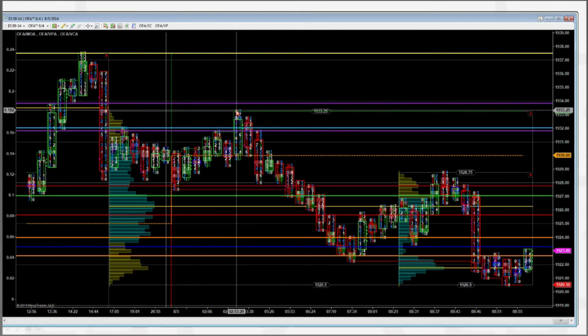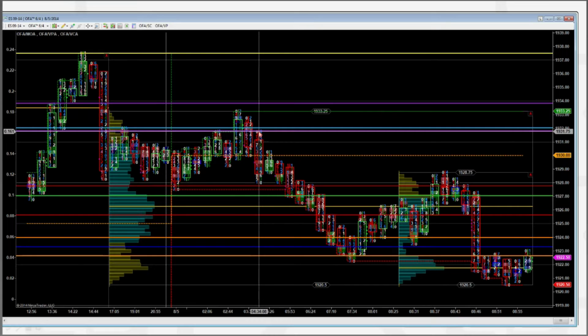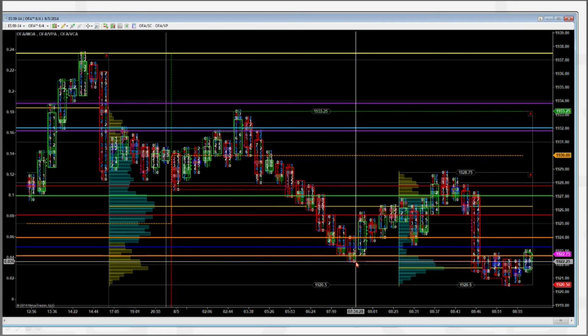Tried to come back up, and in the European session, couldn't get through opening swing high or closing swing high, started failing, and once it failed at closing swing low, it became a 31 to about a 9-point trade.